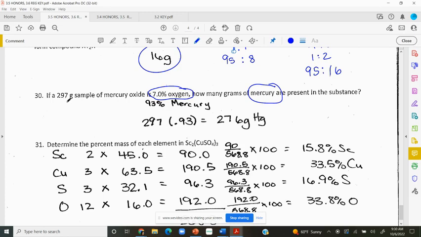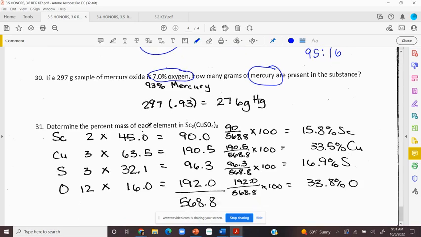So if I have my total here, I can multiply that by this out of percent form, and that's going to give me my grams of mercury. Should your answer of one of the parts ever be larger than the whole? If it is, you goofed.